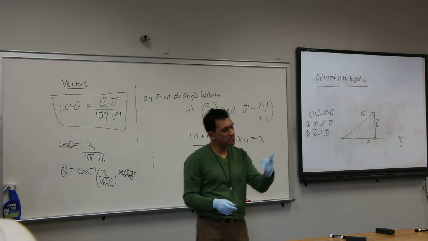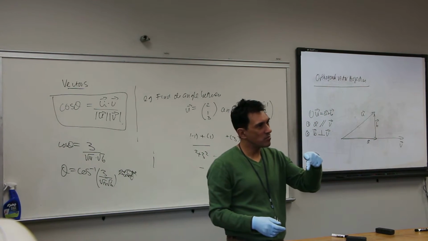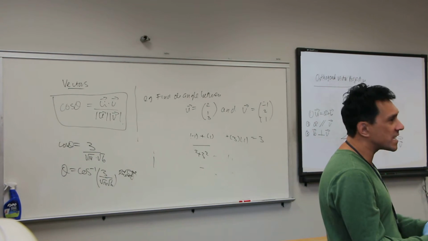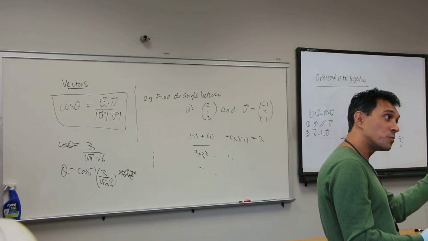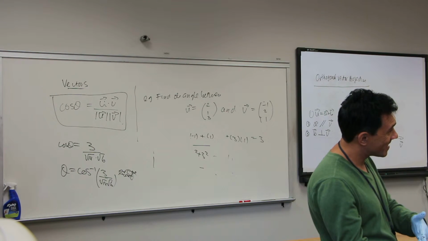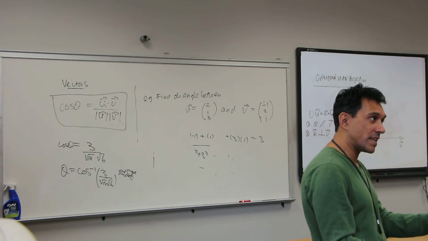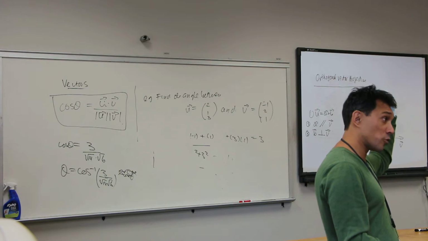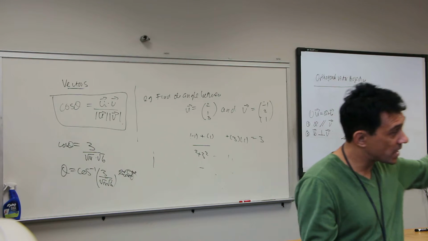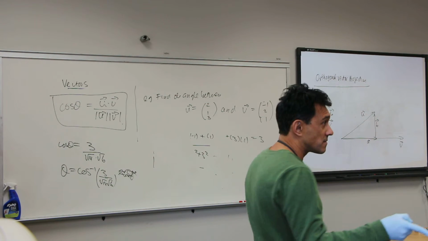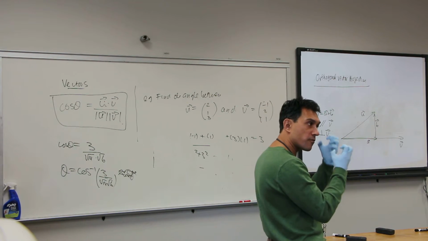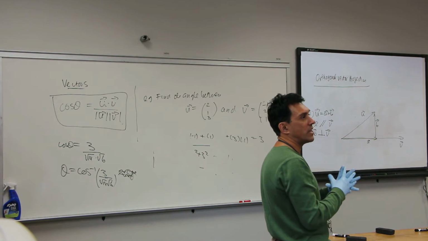My question is, what is A? What is B? Most certainly it depends on U. Most certainly it depends on V. So I need to find these as a function of U and V.